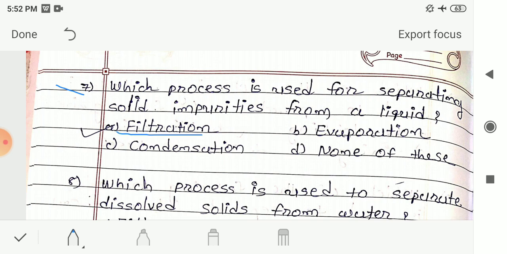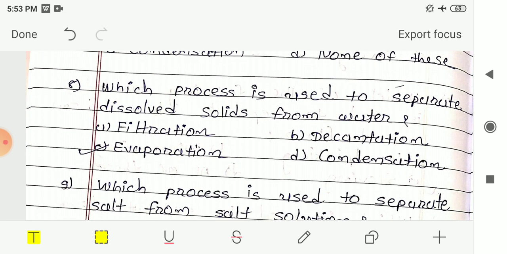So the filtration method that we had seen, to separate solid impurities like soil particles and sand, we are using this filtration method. In that we are using a thin piece of cloth or filter paper to separate these solid impurities from the liquid.